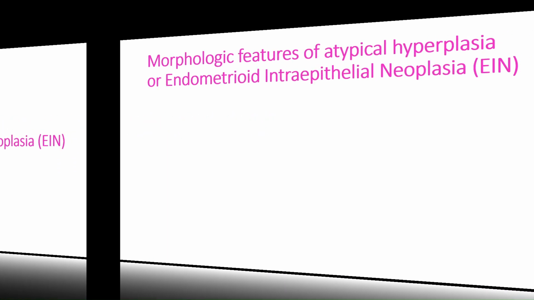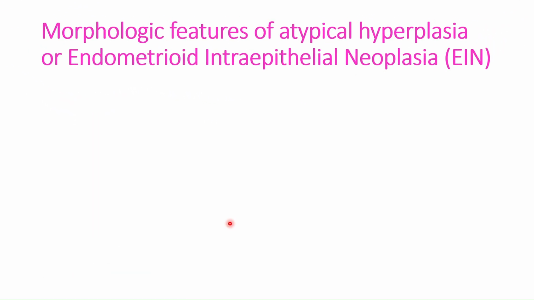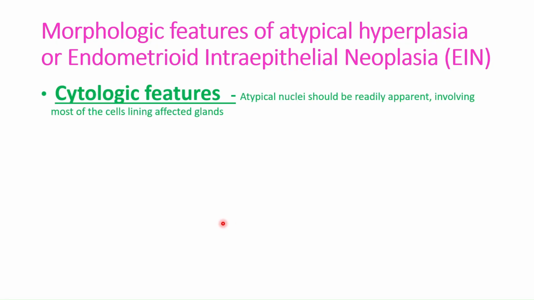So what are the features of atypical hyperplasia or endometrial intraepithelial neoplasia, which is called EIN? Here, the atypical nuclei should be readily apparent, involving most of the cell lining of the affected glands. So the main importance here is the atypia.